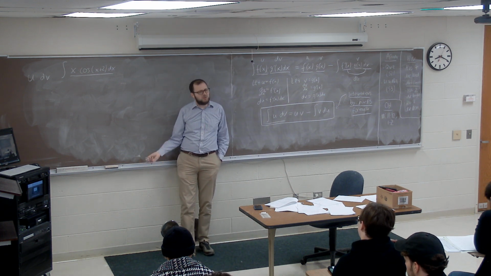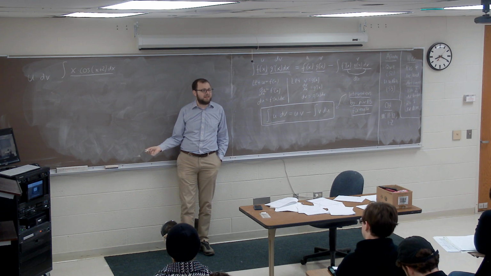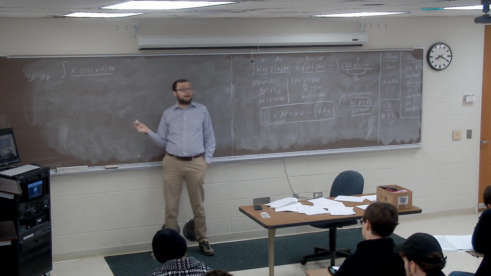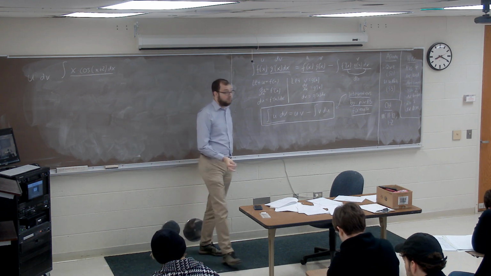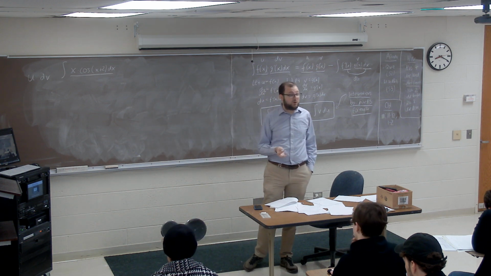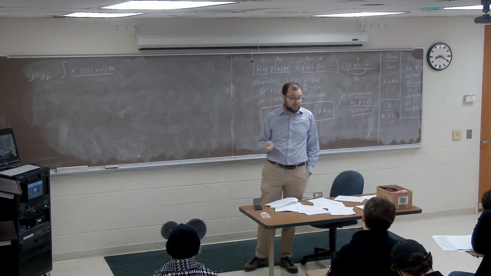I'll do this one to show you how I would go about thinking about this, and then we'll do a couple more examples where I'll let you all decide how you want to do the integration by parts.